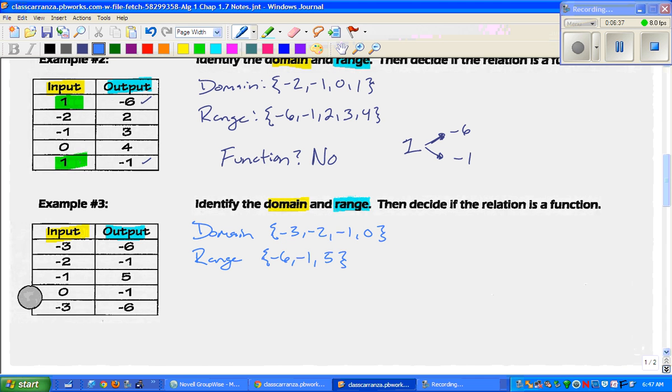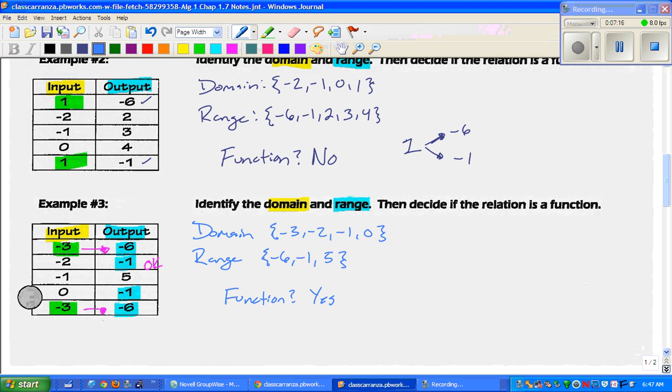Now, you might see that on the range side, we've got numbers that repeat. That's okay. Let's look at the input side. Do we have numbers that repeat? We do. But each time they repeat, it goes to the same number, and that's okay. So is this a function? The answer is yes.